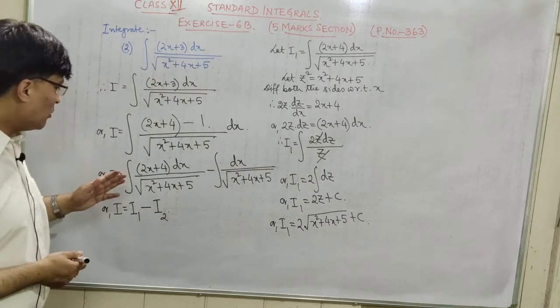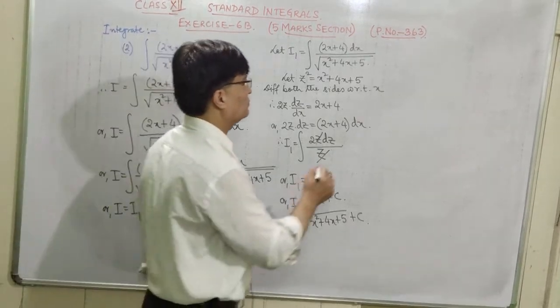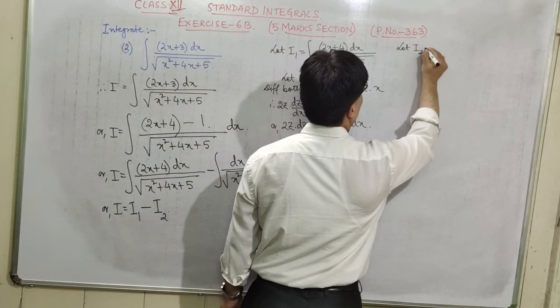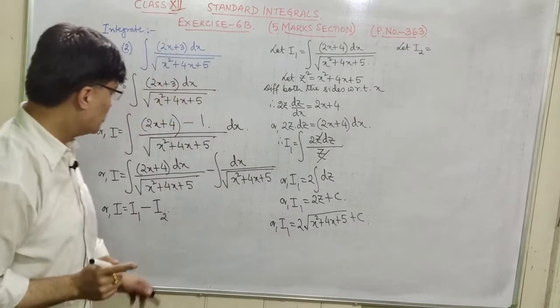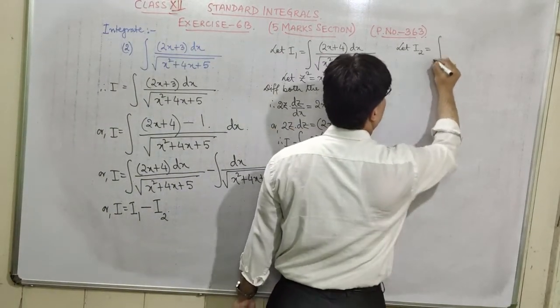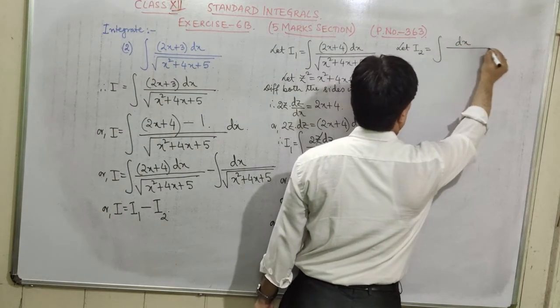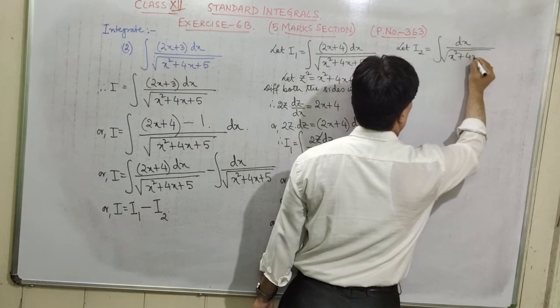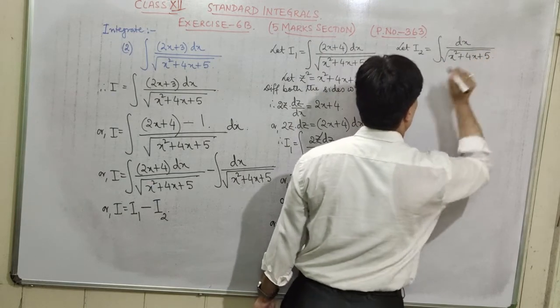Okay, so now let us get the value for I2. What is I2 here? It is integration of dx divided by root over x square plus 4x plus 5.